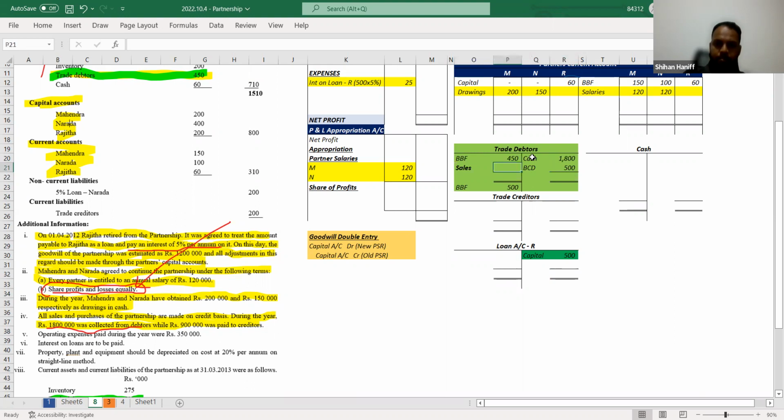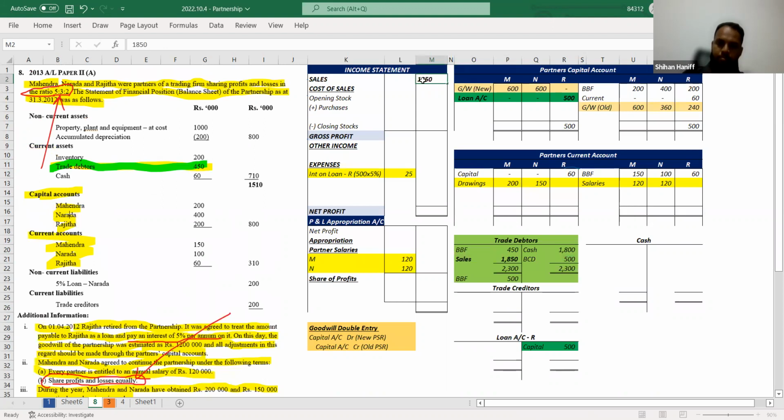And the difference will be the sales. All the sales were on credit. So this is the sales. There is no cash. 1,850 is the sales value.